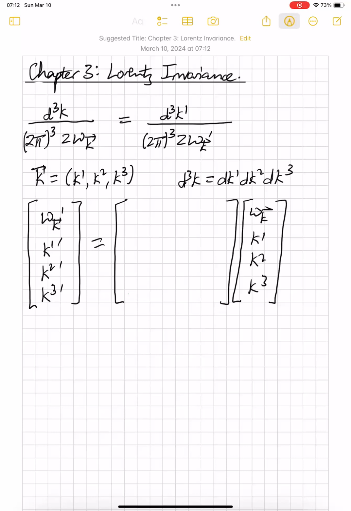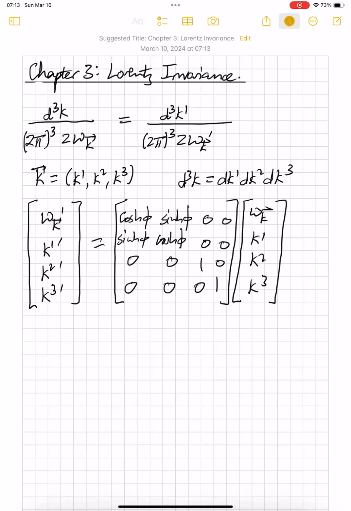So by now, you can probably remember this. If someone woke you up at 2 o'clock in the morning, you wouldn't remember your own name, but you would remember how to write down a boost along the x direction, which is really great. So that's the Lorentz transformation for a boost along the x direction. There's a couple of trivial transformation laws in here.